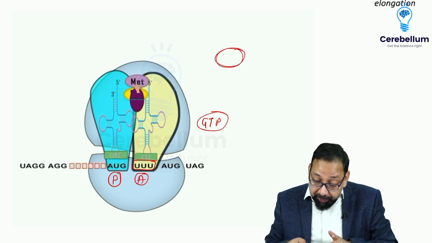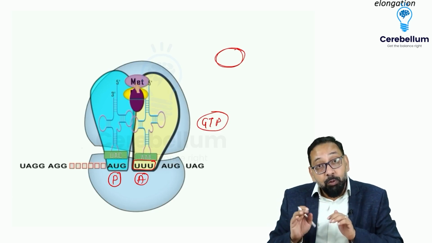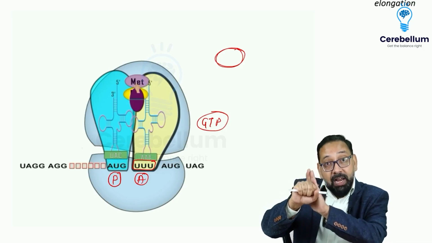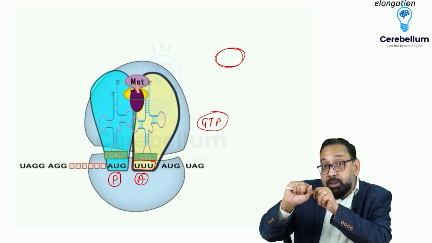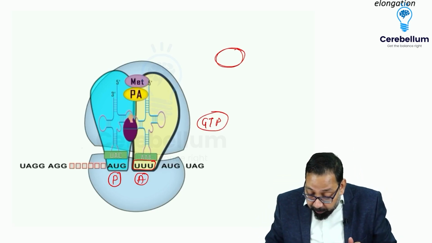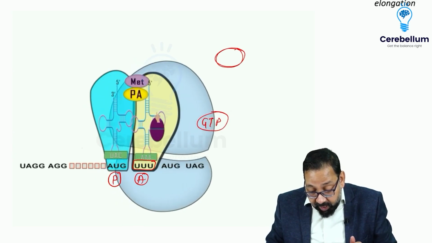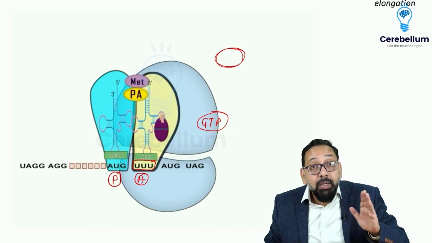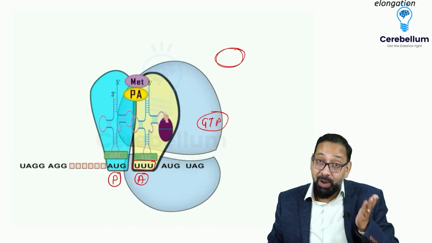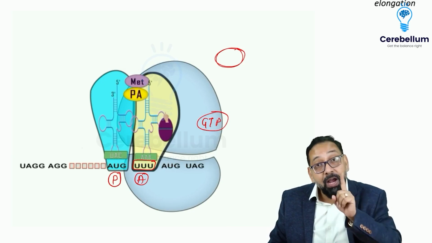Now after joining these two amino acids, there would be translocation. Means suppose this is messenger RNA and ribosome. Now you will push this ribosome over this messenger RNA. That is called translocation. Pushing will require energy, so translocation requires 1 GTP.